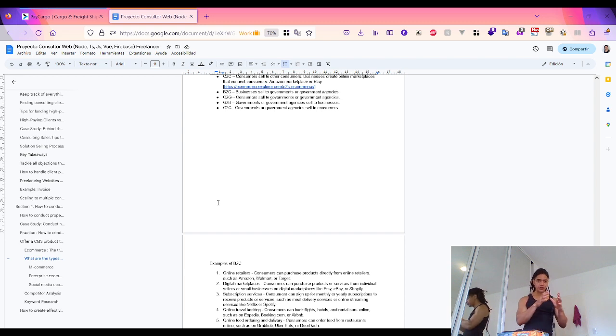And when it comes to government to consumers, they offer tax payment portals, where citizens can submit or pay their tax, like the IRS in the US, Internal Revenue Service, or the HM Custom and Revenue in the UK.